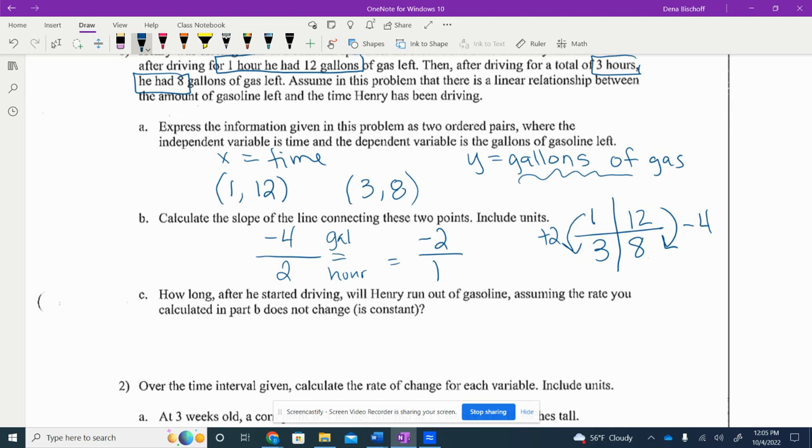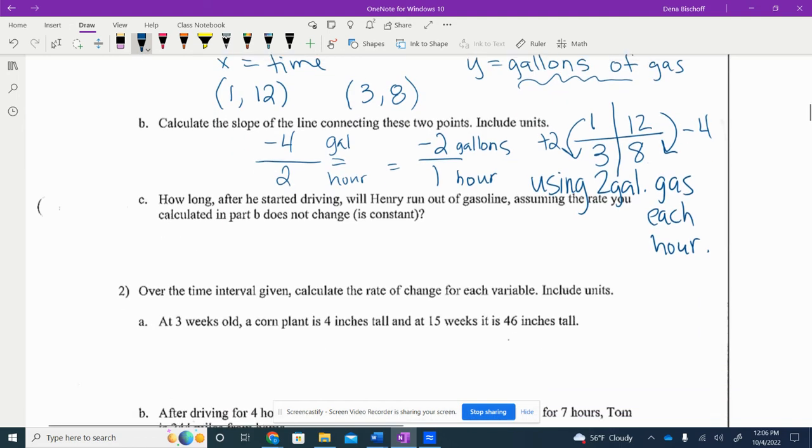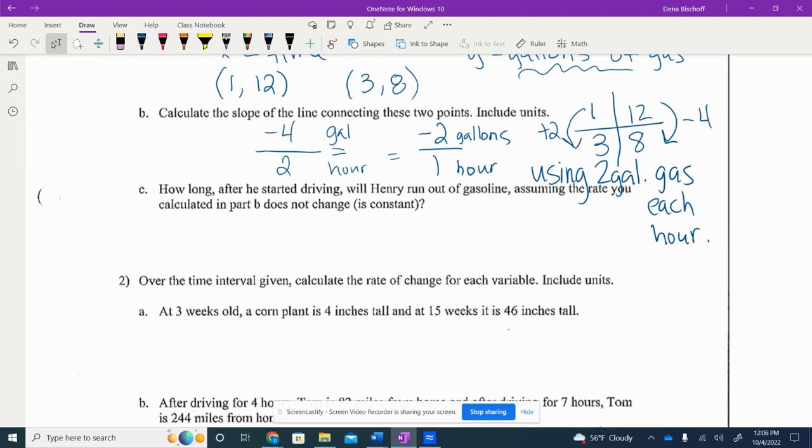Since it's negative, what does that negative gallons represent? You're losing 2 gallons. Yeah, I'm losing or using, right? So I'm using 2 gallons of gas each hour. Using 2 gallons of gas per hour.